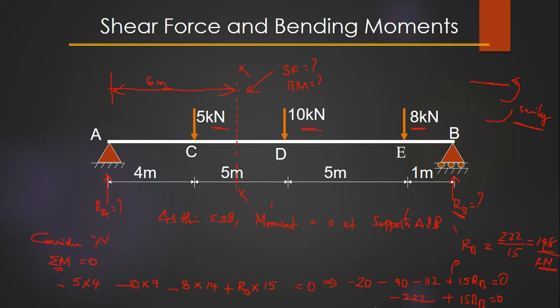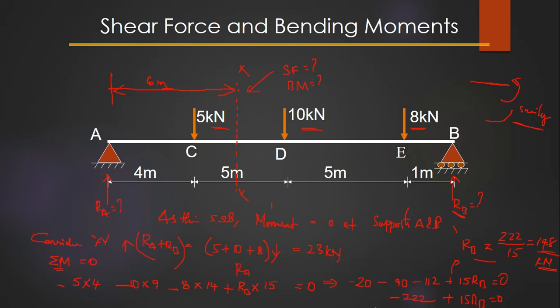So you know RB, isn't it? Now you need to know RA. So I said to you earlier, the sum of forces acting upward, that is RA plus RB, is equal to the forces that are acting downwards. So RA plus RB is nothing but 23 kilonewton.